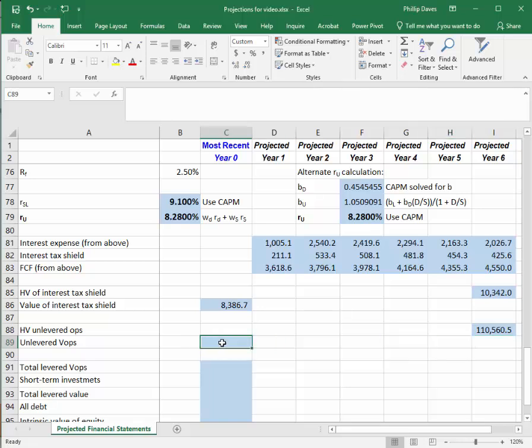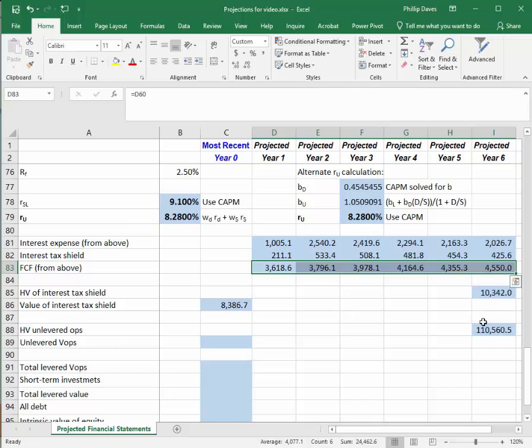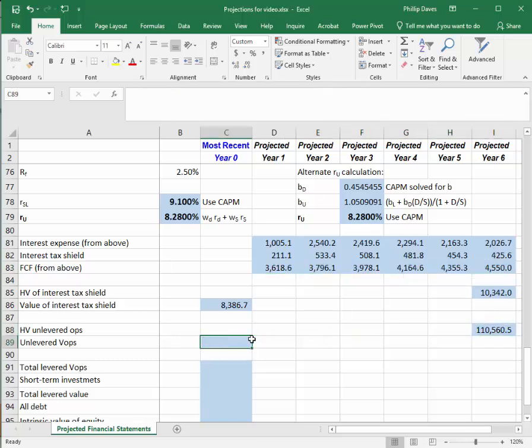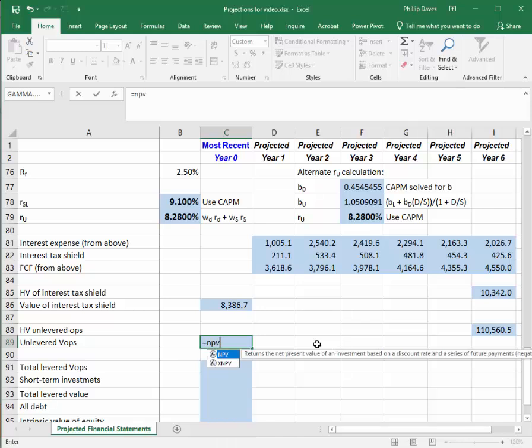All right, so next we want the unlevered value of operations, which is going to be the present value of all of the free cash flows and the present value of that horizon value. So it's going to be all of these free cash flows and this horizon value, and we'll do the same formula that we did both for the tax shields and the free cash flows in the corporate valuation model.